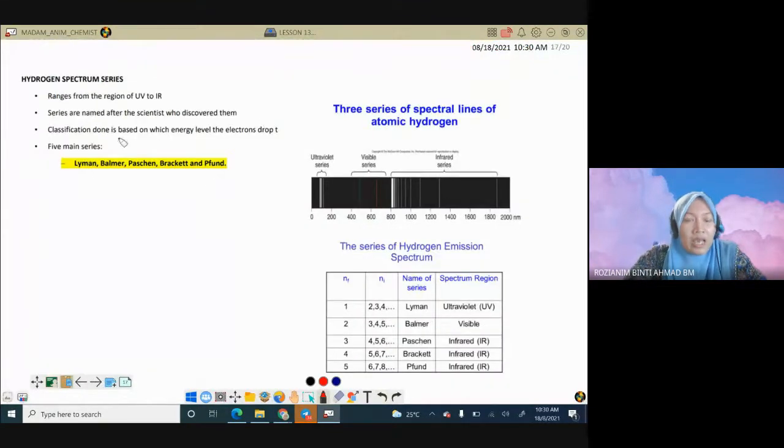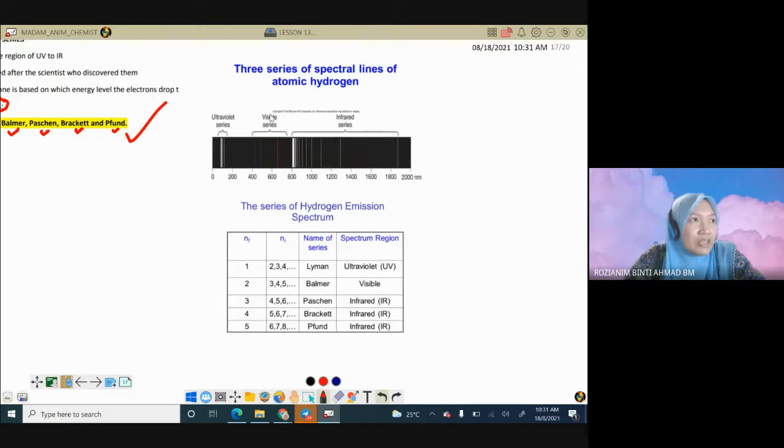So, according to the line spectrum, or we can also call it the hydrogen spectrum, it can produce 5 series. Hafallah 5 series ini, which is Lyman series, Balmer, Paschen, Brackett and also Pfund series. So, these series are produced according to the differences of the electron transition.